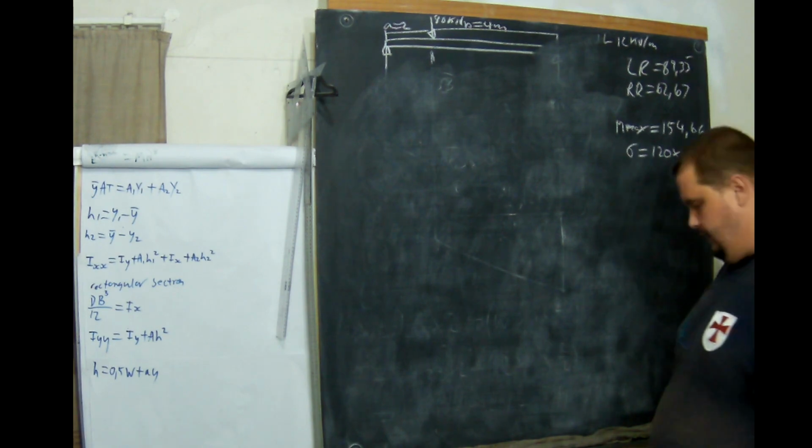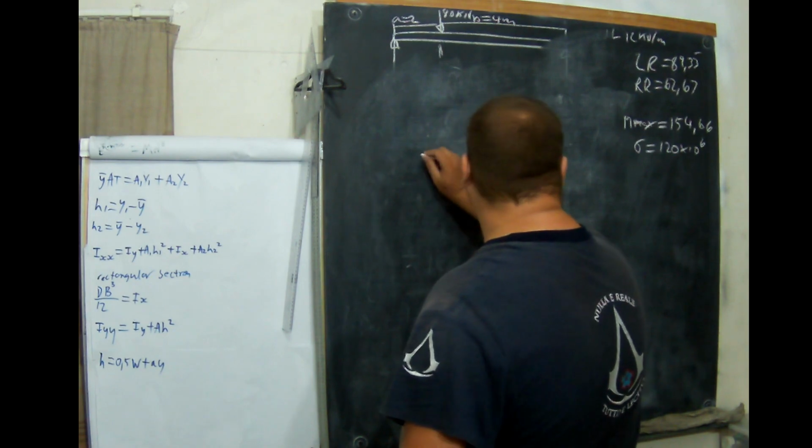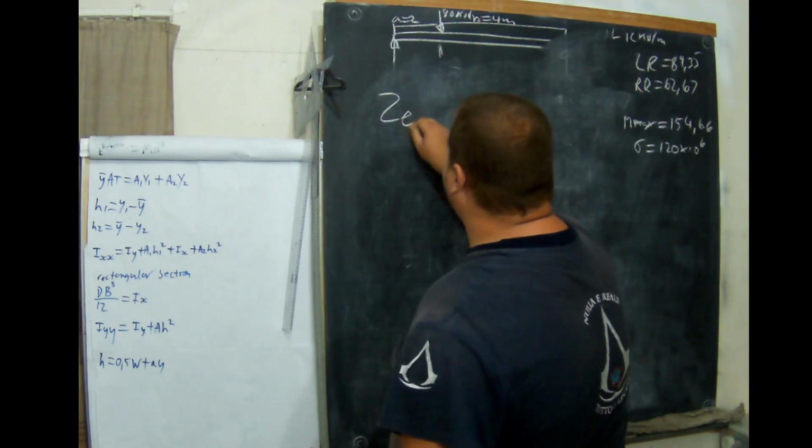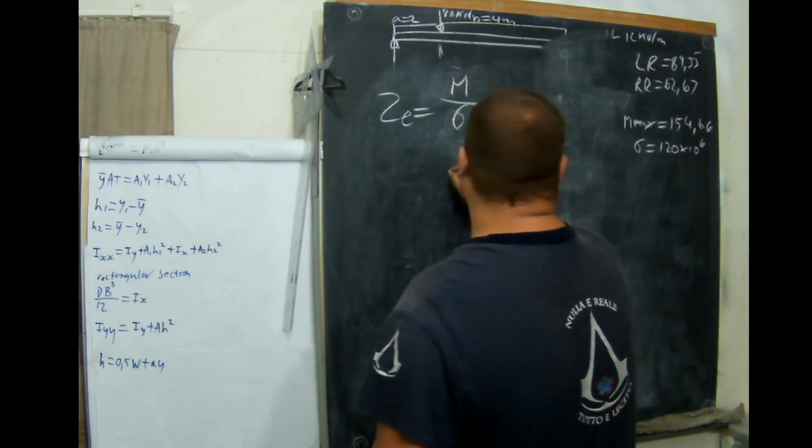Okay. So, our next question is we need to find a suitable I-beam. So ZE is equal to capital M over stress.